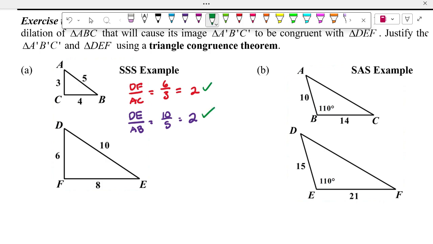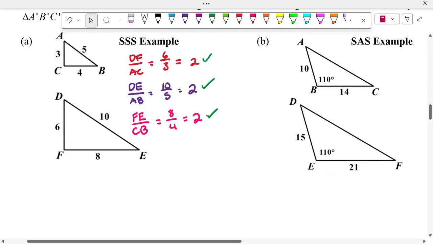But just because those two have the same scale factor does not mean the last side does. So we need to check the last side. So that would be FE over CB. So 8 over 4, which simplifies to 2. So since all proportions are the same, we get the exact same number when we simplify.